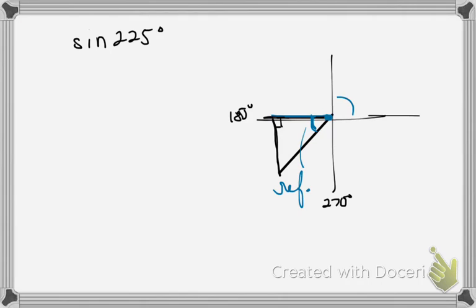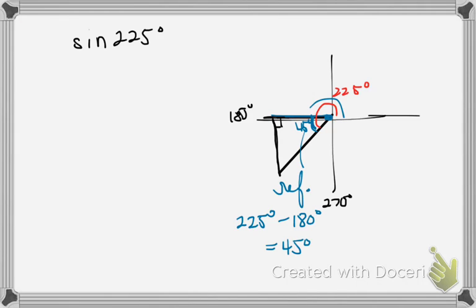If this whole angle right here is 225, I basically want to find out what this little blue slice is. And I can do that because I know that this part of it is 180. So I'm going to do 225 minus 180, and that gives us the remaining little slice, which is 45. So this guy is 45.